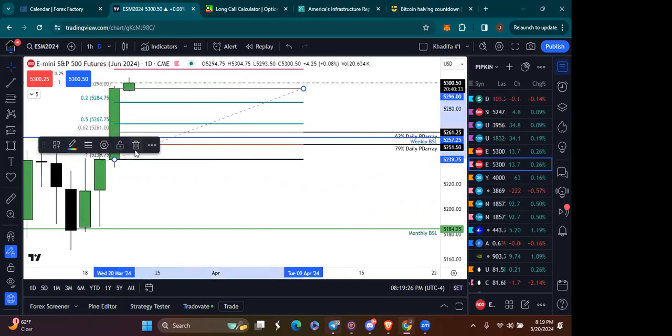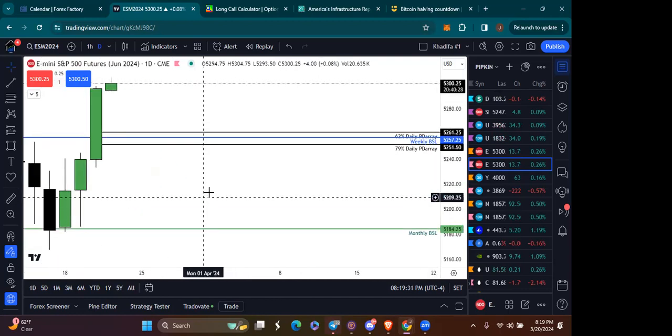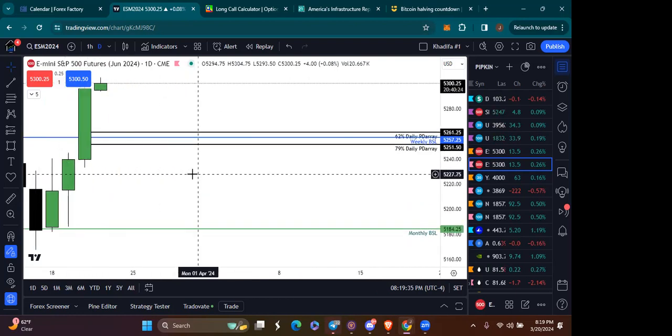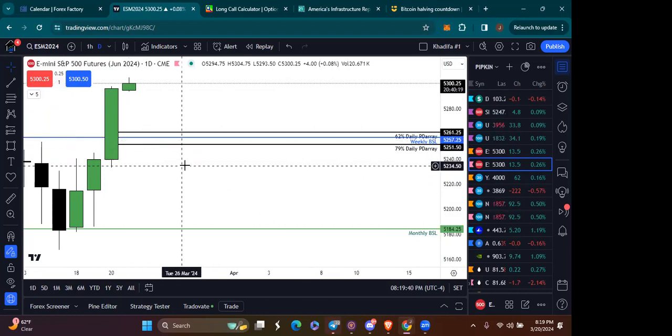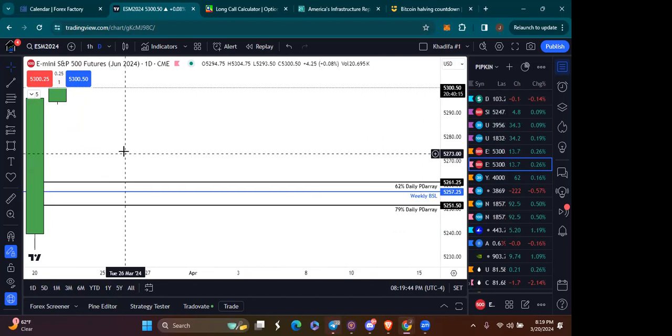There we go. Look how that weekly buy side liquidity just coincidentally happened to almost be the consequent encroachment of the daily PD array.